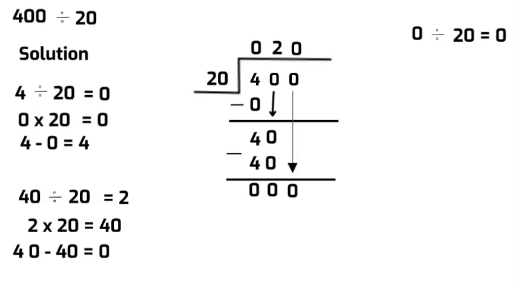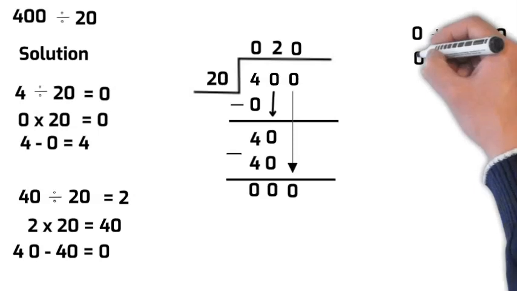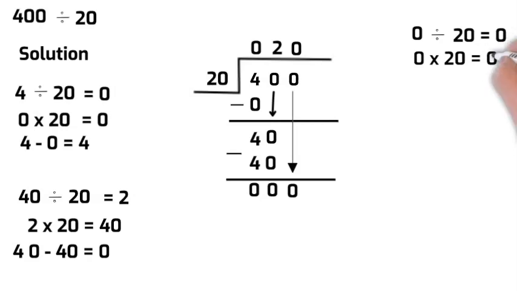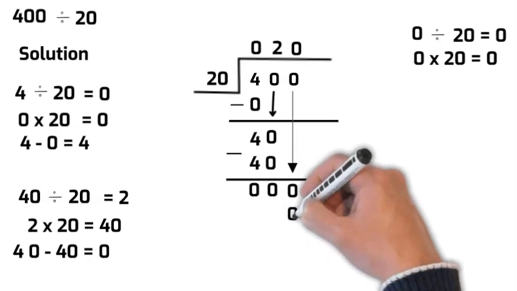Next, we say 0 times 20. 0 times 20 is 0. We go down and write down 0.